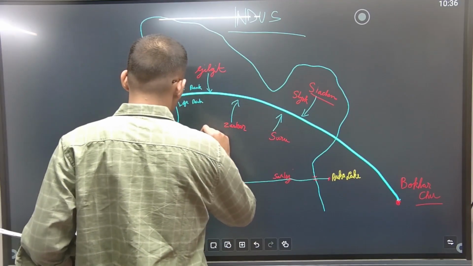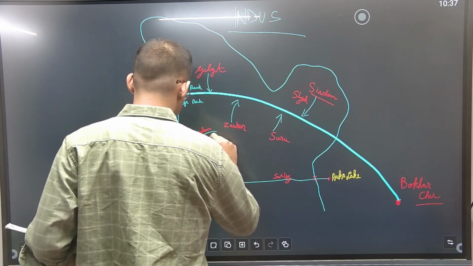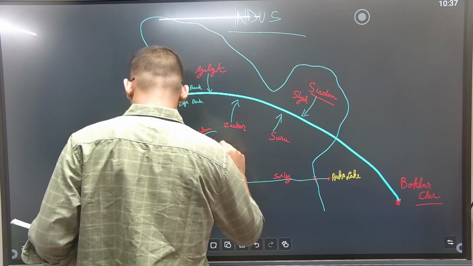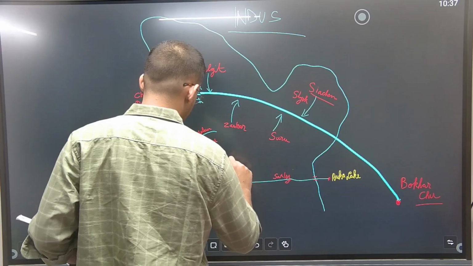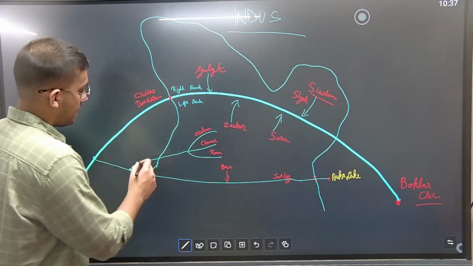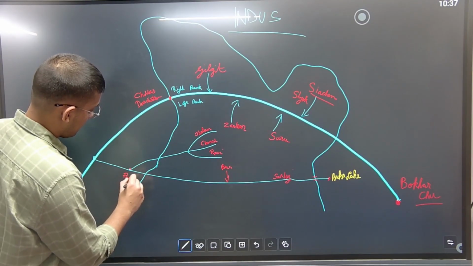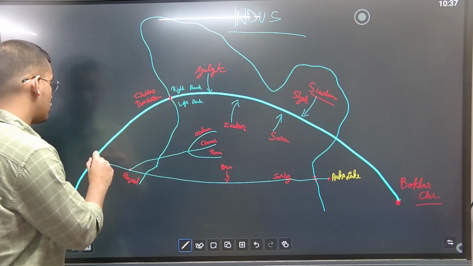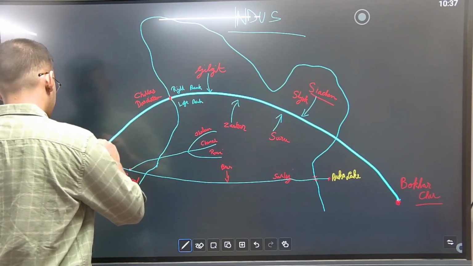Then we have here Jhelum, Chenab, Ravi, and Bias joins here. The point where these rivers meet Satluj is known as Panchnad. And the point where Satluj meets the Indus is known as Mithankot.